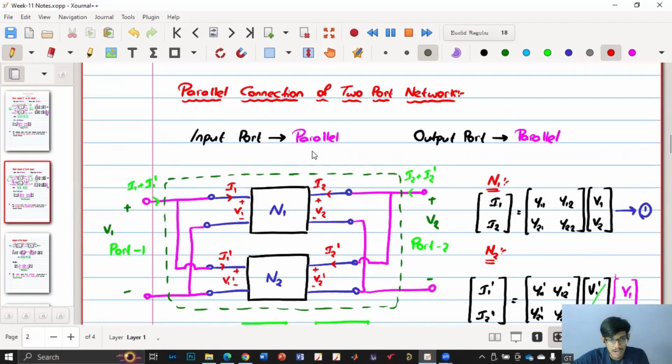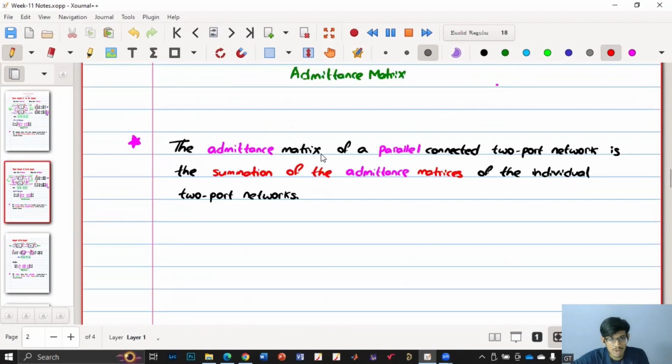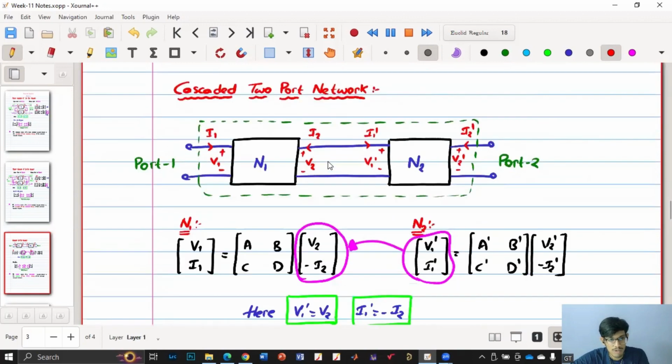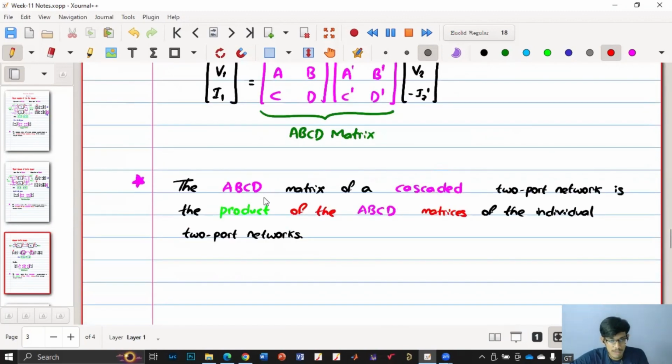Similarly, for the parallel connection, the admittance matrix of the overall network is the summation of the admittance matrices of the individual two-port networks. When there are two cascaded two-port networks, the ABCD matrix of the cascaded network is the product of the individual ABCD matrices.